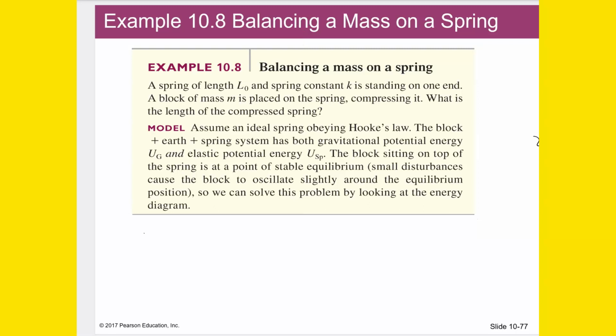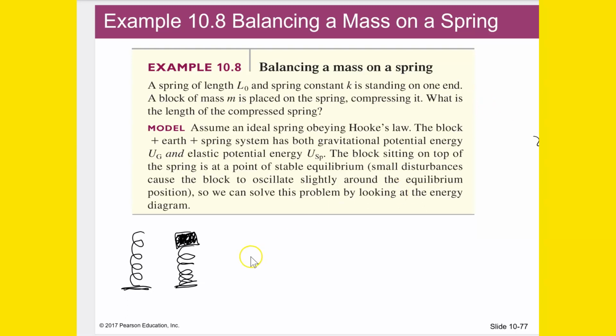So a picture of that would be like, okay, you have this spring and it's standing on its end. So it's got some equilibrium length based on that. Then you place a ball, or a block or whatever, on top of it, and it compresses it a certain amount.